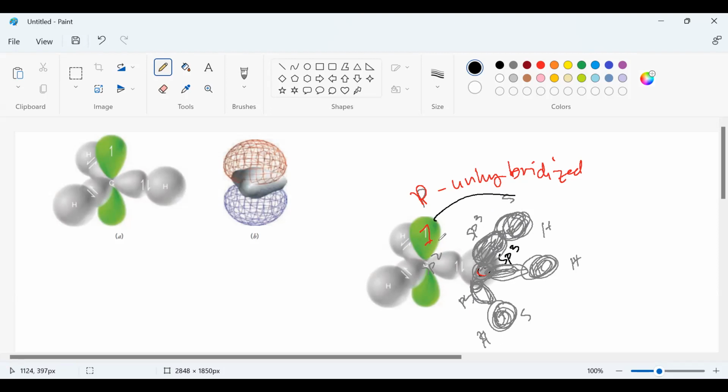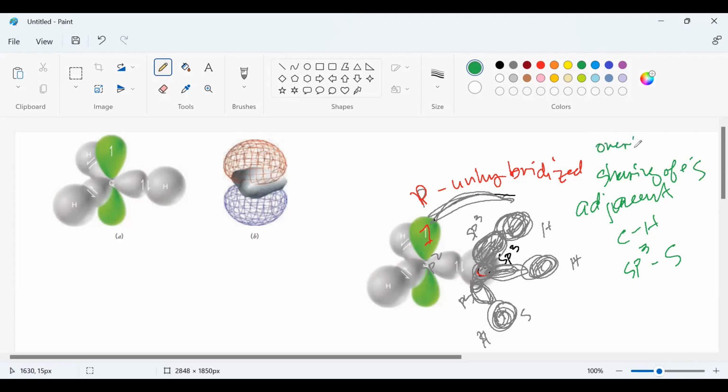There is overlapping, or sharing of electrons, with the adjacent CH bond utilizing sp3 orbitals.